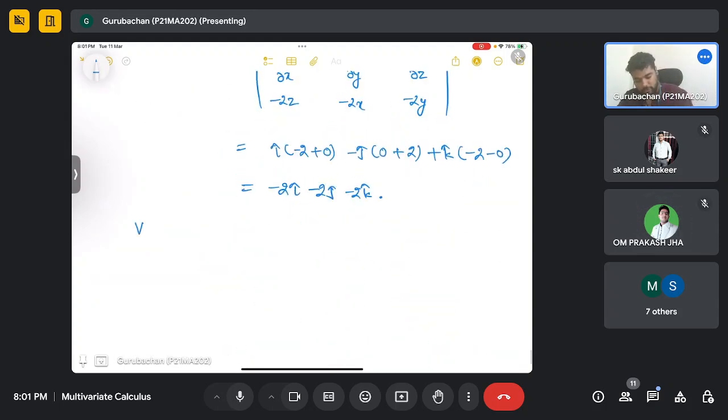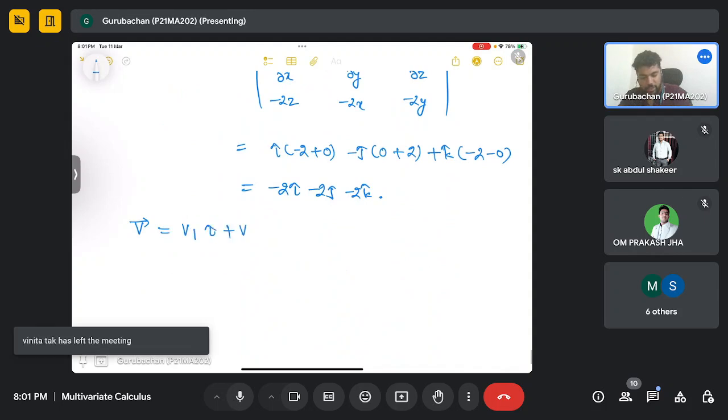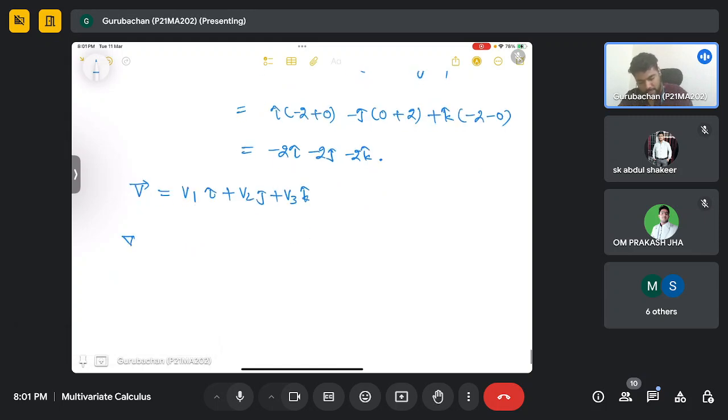Suppose V is V1 i cap plus V2 j cap plus V3 k cap. Then this Laplacian operator over this V will work as Laplacian of V1 i cap, Laplacian of V2 j cap, Laplacian of V3 k cap.